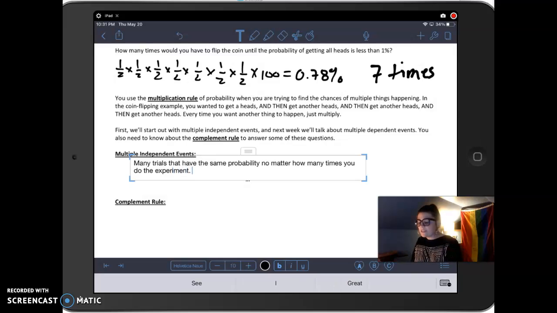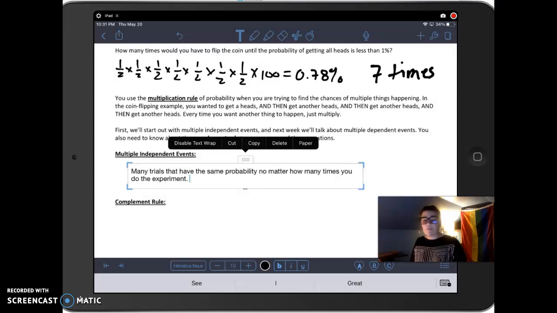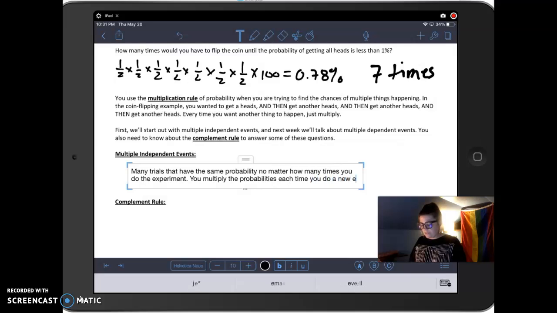So the coin doesn't change. It's the exact same every single time. And then we would say you multiply the probabilities each time you do a new event. There we go. There's a pretty good definition.